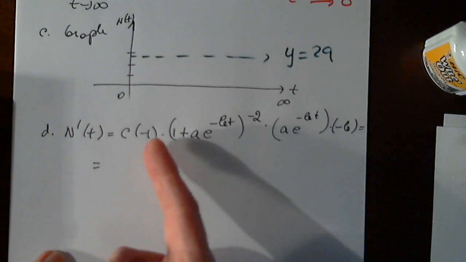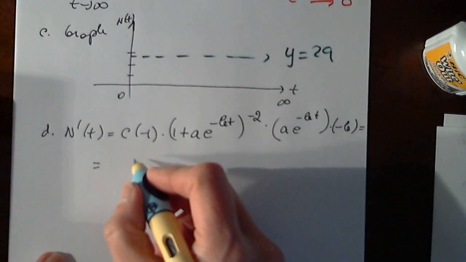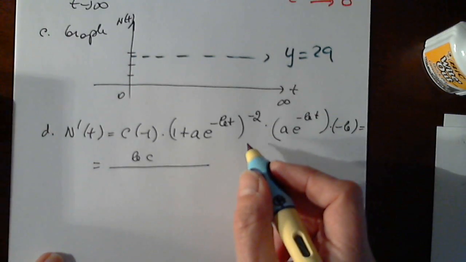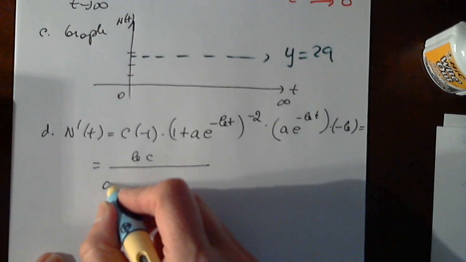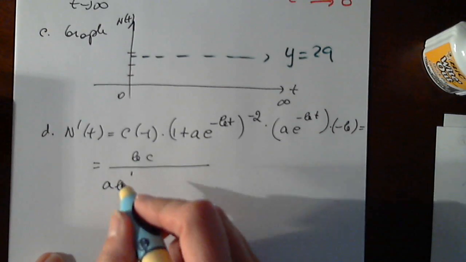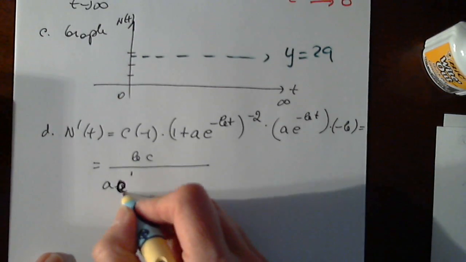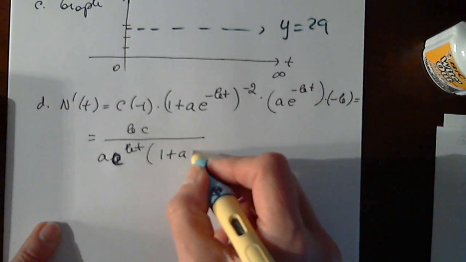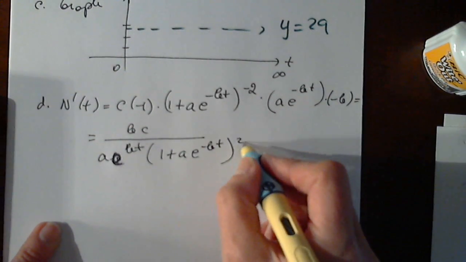So like before, negative b with the number in front will be bc, and everything divided by, oh, I'm sorry, e to bt from here, and 1 plus a e to negative bt to the second power.